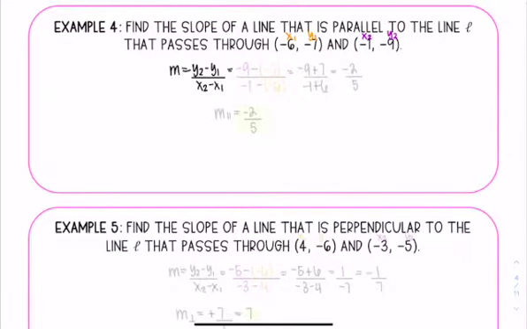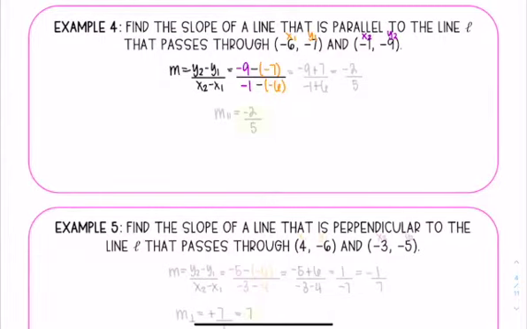And so y2 is negative 9 minus y1, which is negative 7. And then on the bottom we've got x2, which is negative 1, minus x1, which is negative 6.